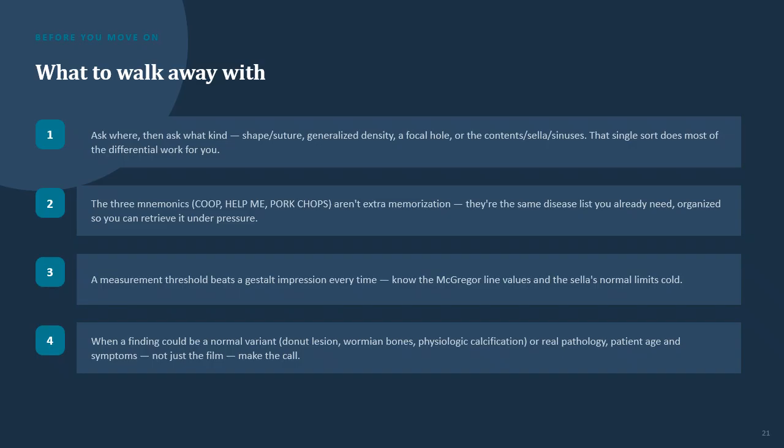And last but not least, although we're not making the diagnosis, some of the things that are considered are the patient's age, the symptoms, and the locations. They consider these because some of the findings, like wormian bones and also some of the calcifications that we might see, might be completely normal for one patient, but abnormal for another patient based on their age and also based on the symptoms.